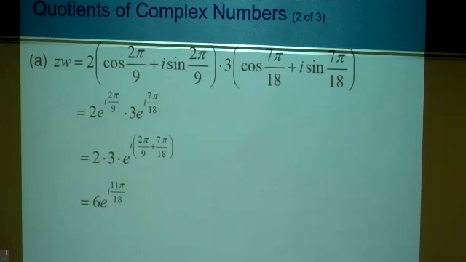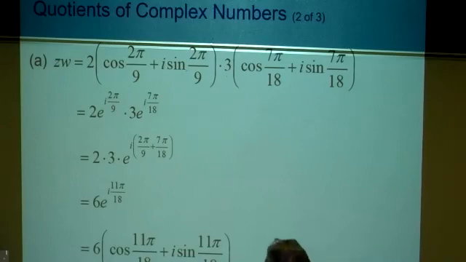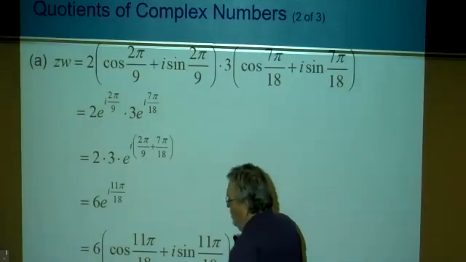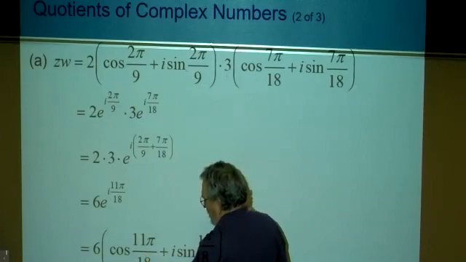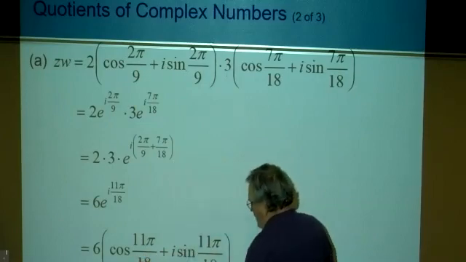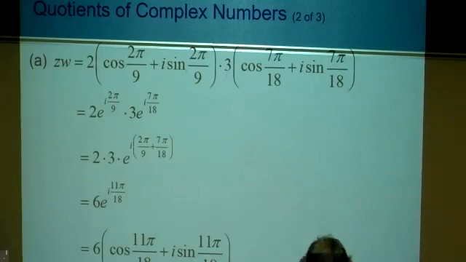If you're having problems with that, I can give you some help, or go to Khan Academy and look for adding and subtracting fractions. Then they rewrote it in polar coordinates. The 6 here is the r on the outside, and the 11 pi over 18 is the angle for the cosine and the sine. That's an easy thing to do.